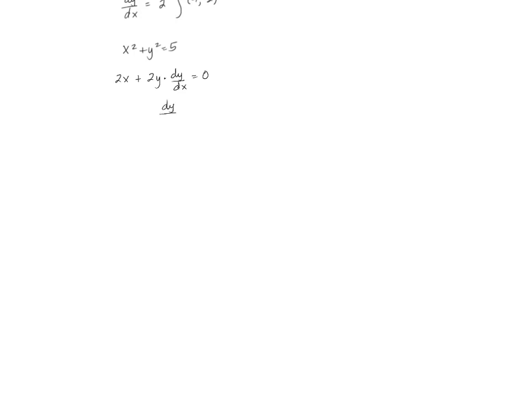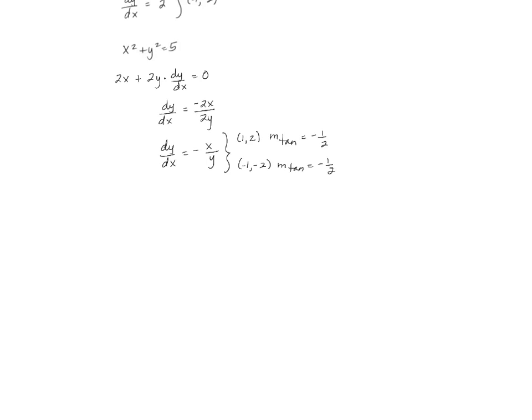If I solve for the derivative by subtracting the 2x and dividing by the 2y, I get the derivative is equal to negative x over y after I reduce that fraction. At the point 1, 2, the slope of the tangent line is going to be negative 1/2. At the point negative 1, negative 2, the slope of the tangent line is negative 1/2.